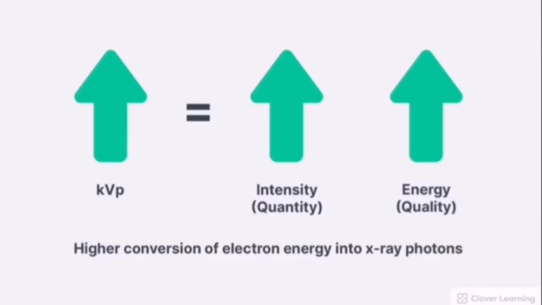Remember, only about 1% of electron energy in the tube is actually converted into X-rays. Increasing the kVp makes X-ray production more efficient, and more electron energy gets converted into X-rays. This assumes, though, that only the kVp is changing. We're using a fixed technique that is not AEC, and no other variables are changing.